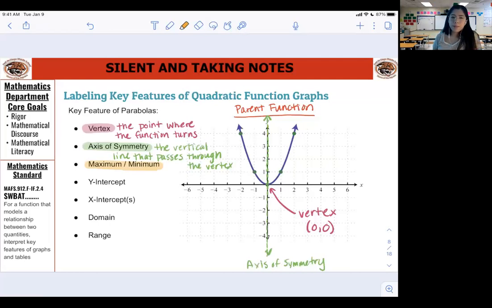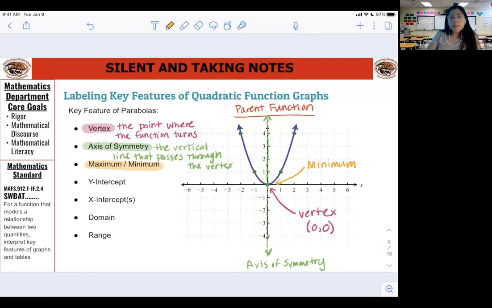And in our case, in the parent function, it has a tippity bottom. So you can think of it like that vertex is the lowest possible point that the graph is going to go to. It's not going to go anywhere lower than that. So in this case, we have a maximum. Or sorry, not a maximum. We have a minimum. I'm sorry.